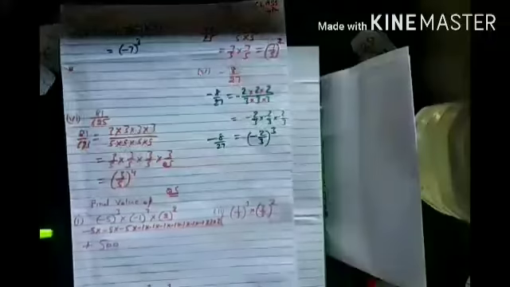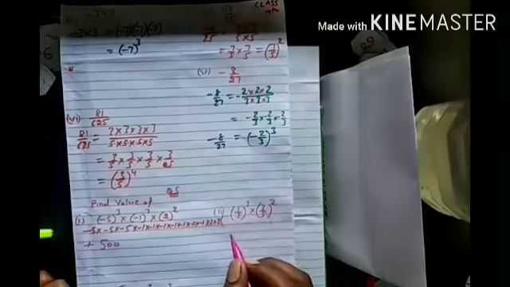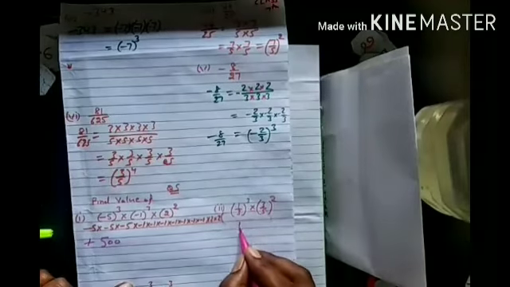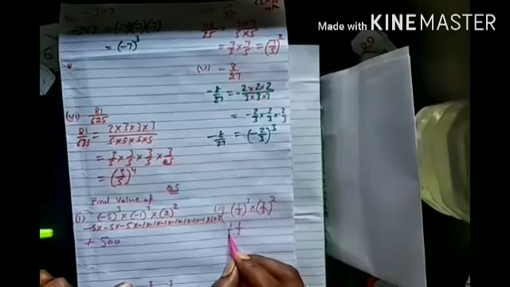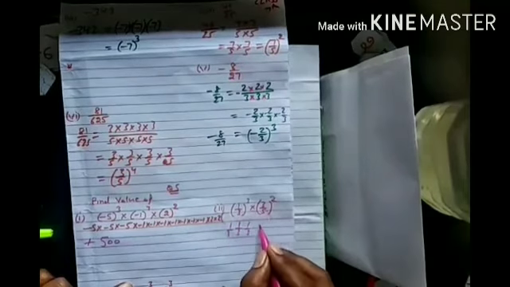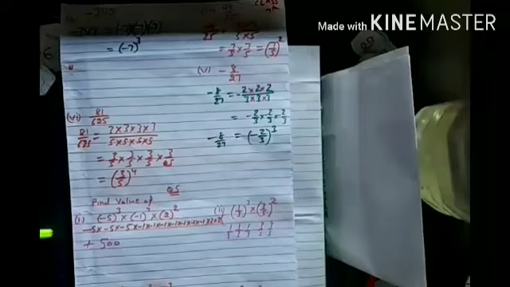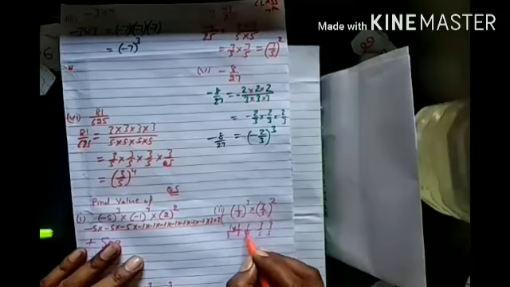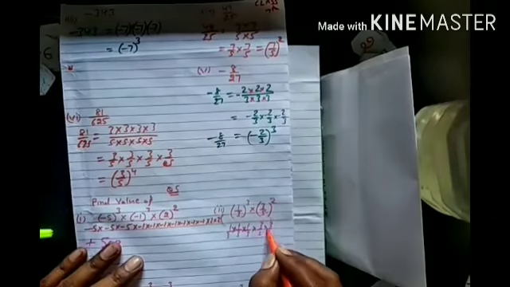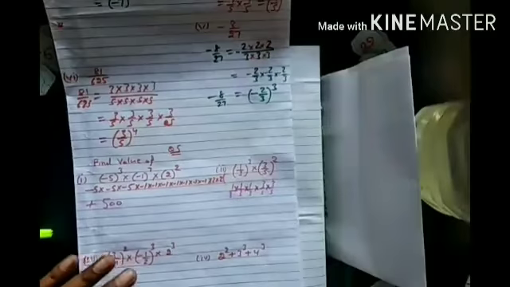Okay. Now students, this question: 1 by 3 to the power 3, which is 1 by 3, 1 by 3 and 1 by 3. Here 3 by 5, 3 by 5, I will write it 2 times. Now how will we solve this?